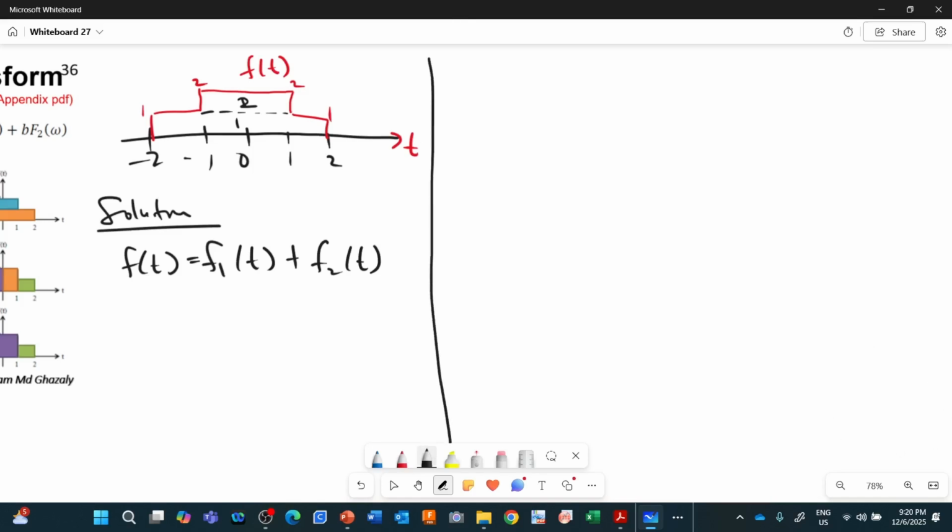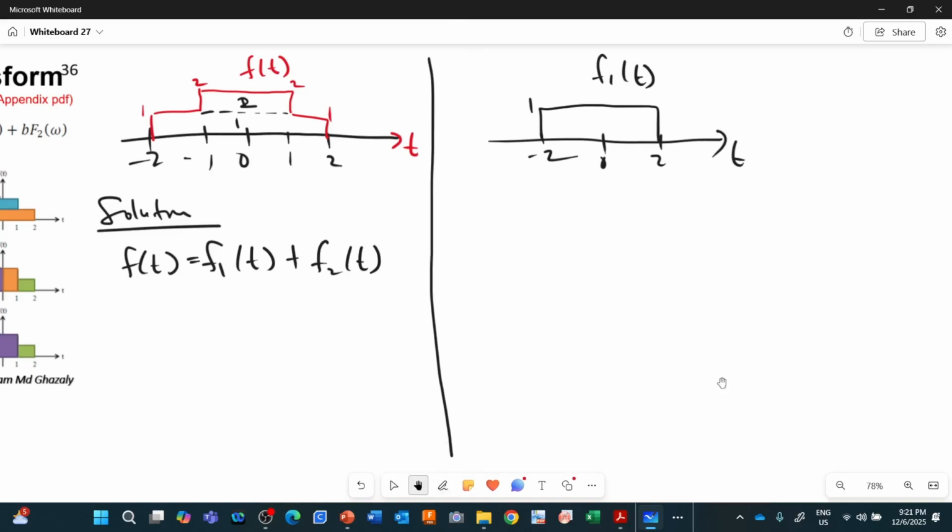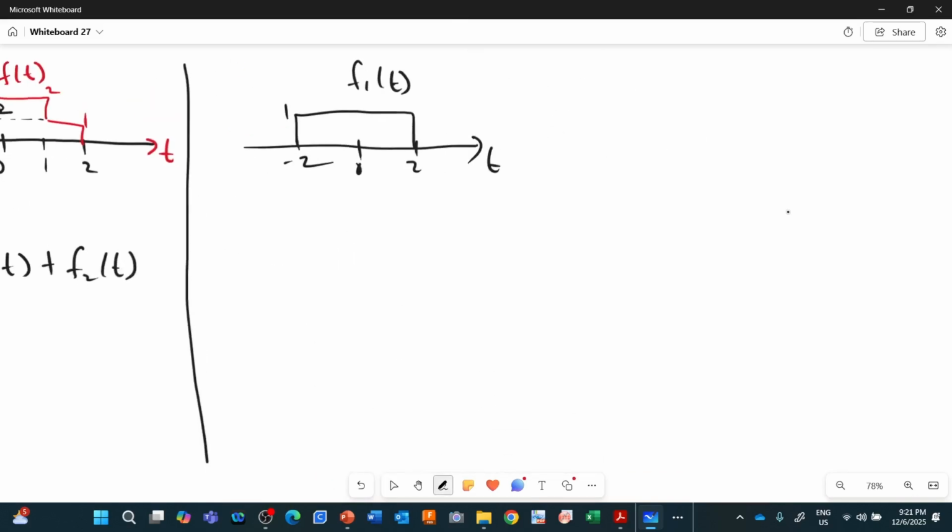So F1, 0, -2, 2, amplitude 1. This is F1T. Another one is F2T, -1, 1, amplitude 1. F2T.